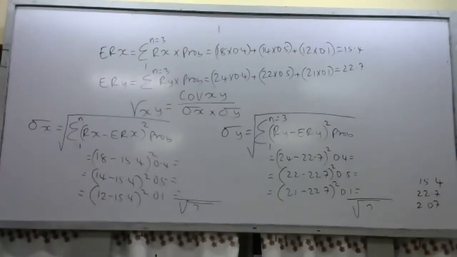Now, divided by 3 as 4 times 2, as 4 times 2. There you will see.